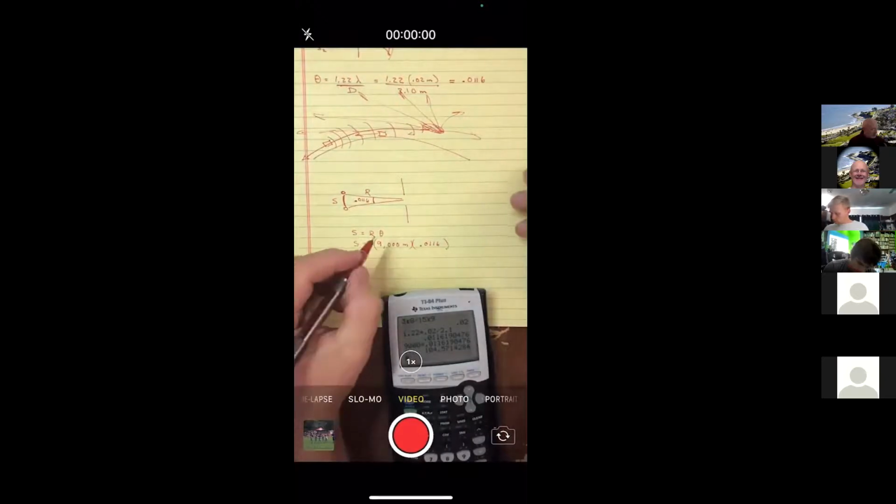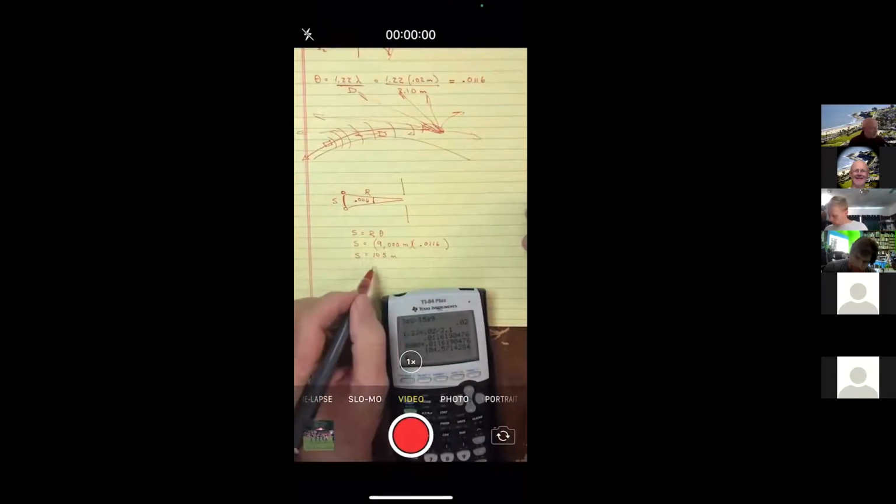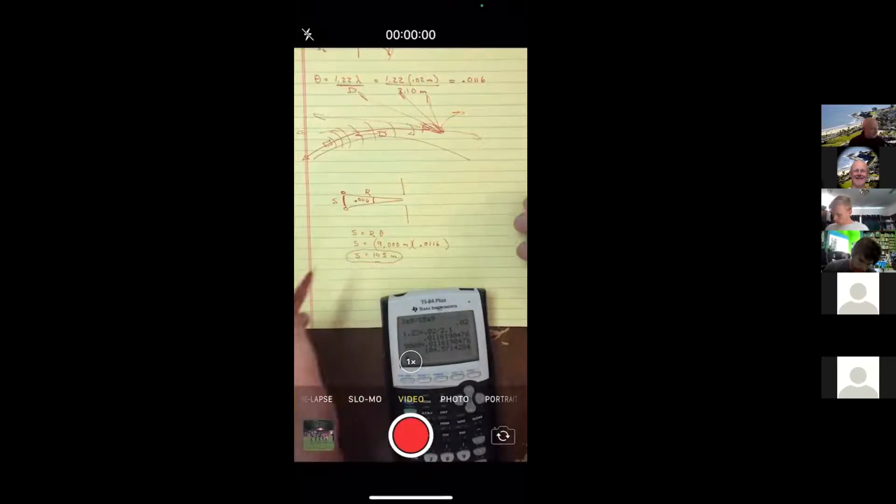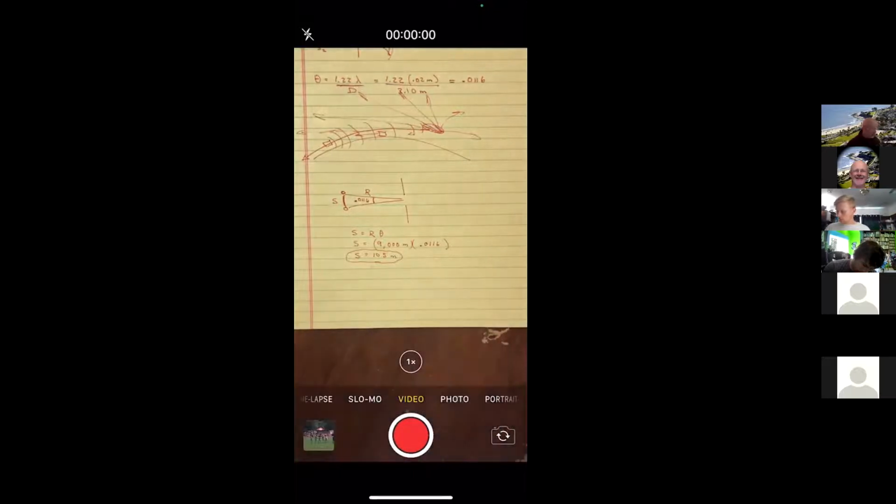And so we're looking at about 105 meters. So if two vessels or two rocks are closer than 105 meters, this particular radar system is just going to say it's one big blob out there. Bigger than that, you'd be able to detect it.